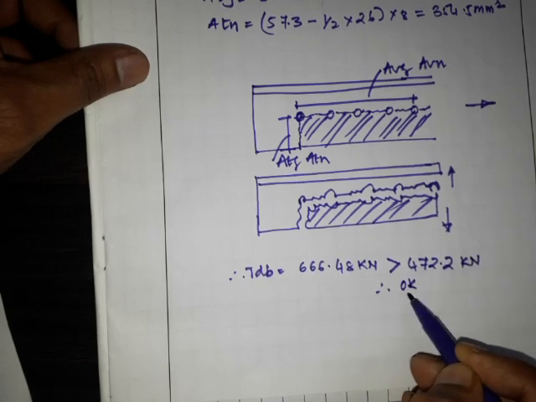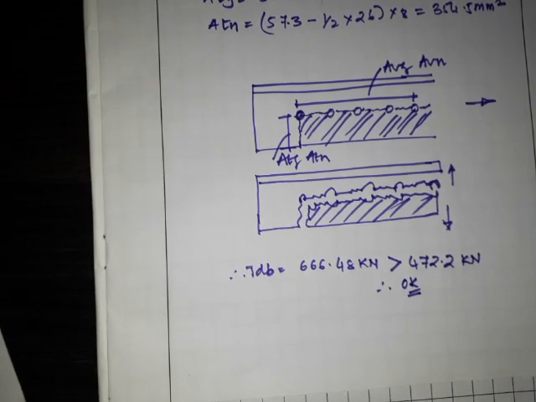Therefore okay, or safe. So the selected section is safe to carry the design tensile force in terms of yielding, rupture or block shear. Now we have to check the same member to carry compression. Whatever member is provided should be safe to carry tension as well as compression. Now tension it is safe.